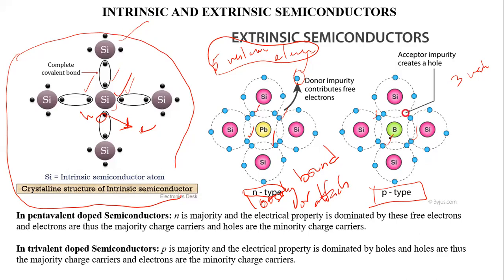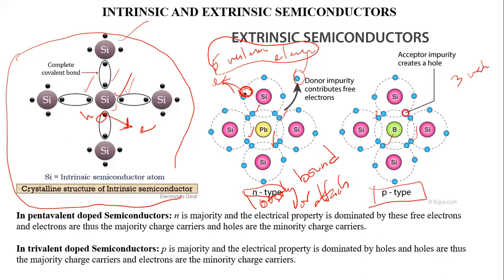Here in the N-type semiconductor, similar to the intrinsic semiconductor we discussed before, because of thermal energy, some of these electrons may get dislodged and become free electrons and result in a vacancy or hole. So there is always electron-hole pair formation above 0 Kelvin.